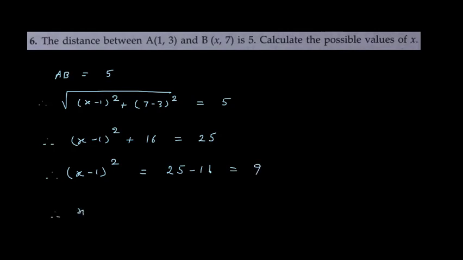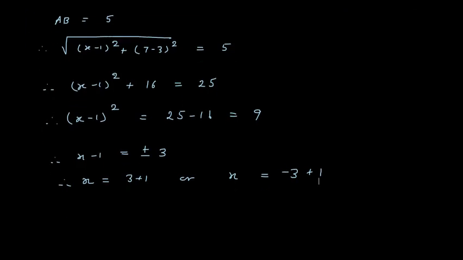So therefore x minus 1 is equals to plus or minus 3. Okay. So therefore the value of x is equals to 3 plus 1, or x is equals to minus 3 plus 1. So therefore the value of x is 3 plus 1 is 4, or the value of x is minus 2.